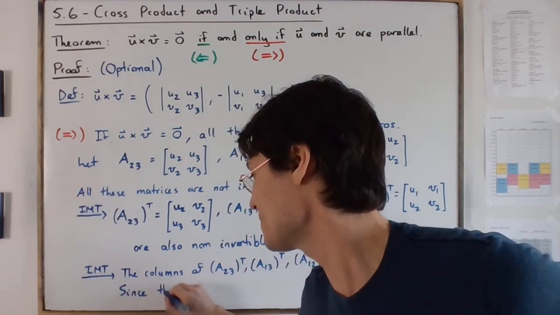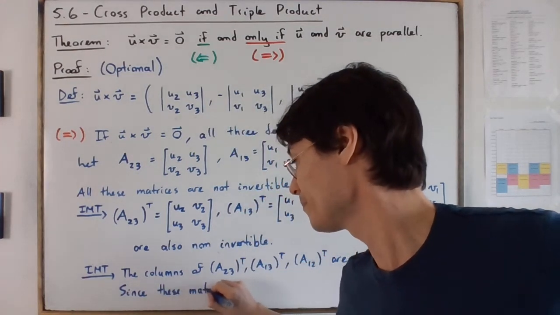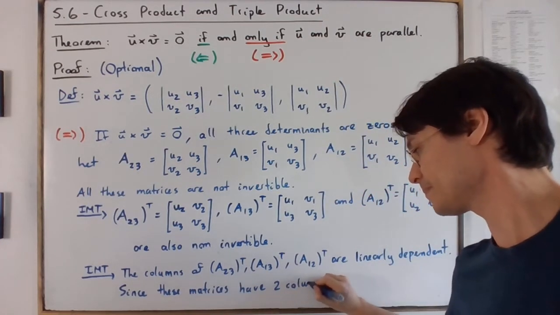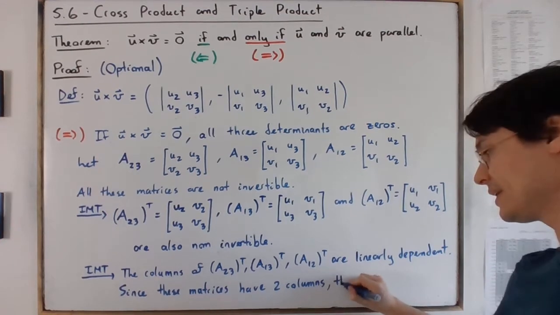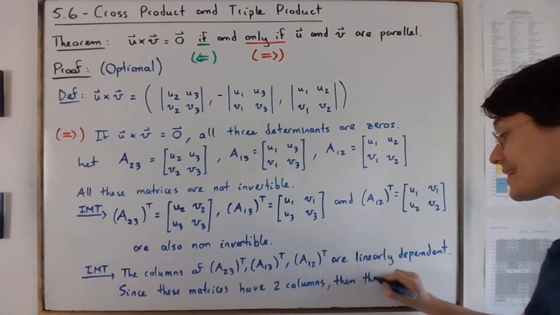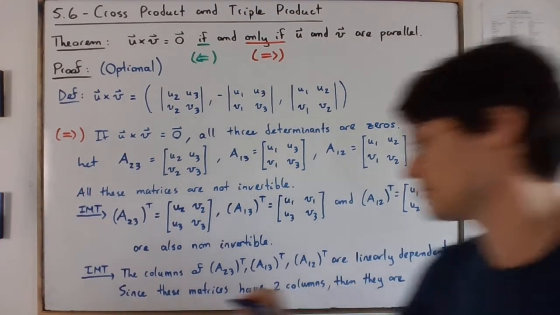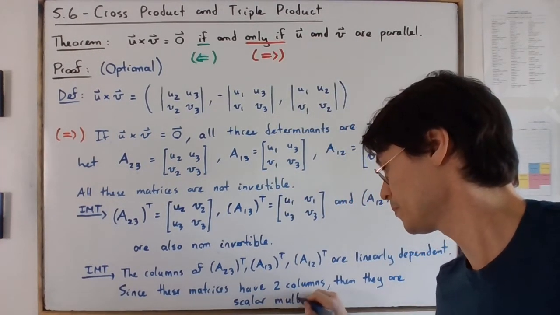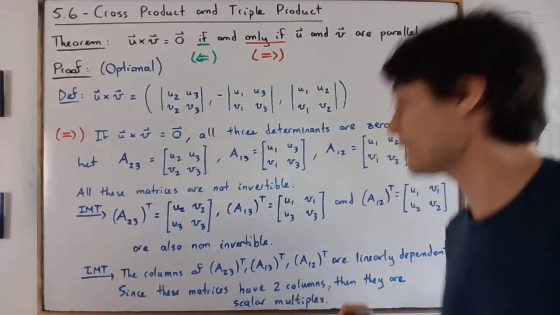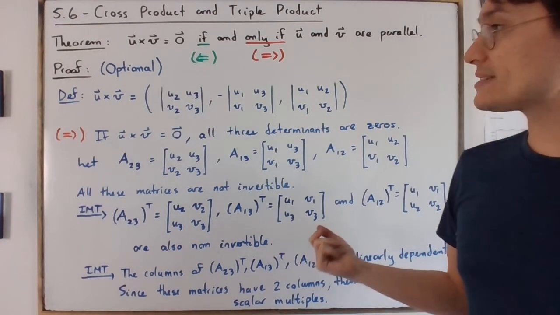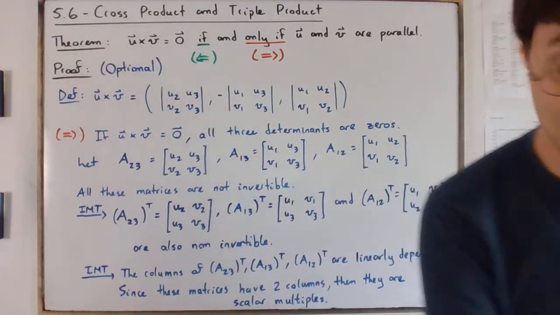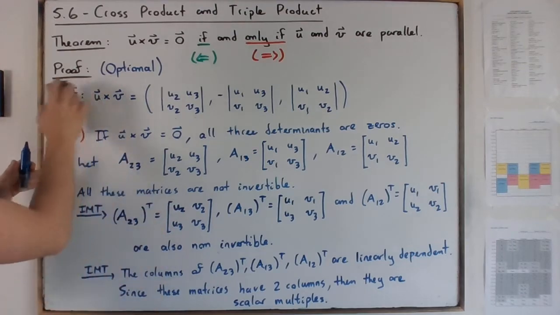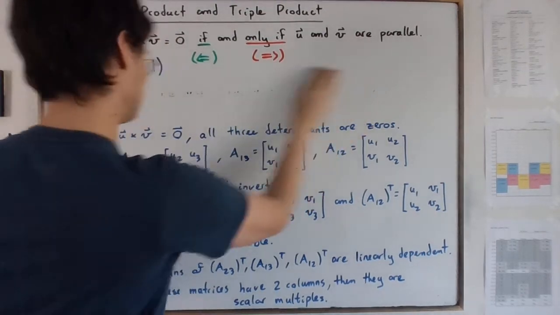Since these matrices have 2 columns only, then they are scalar multiples. Okay, so from there I can erase my definition now, and I can also erase this part. I will keep the transposes. So there we go.